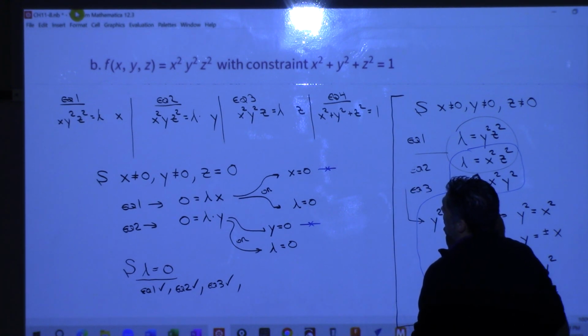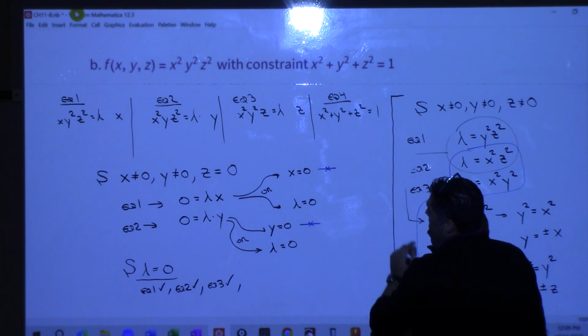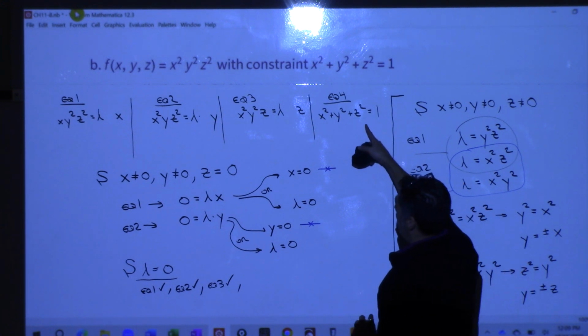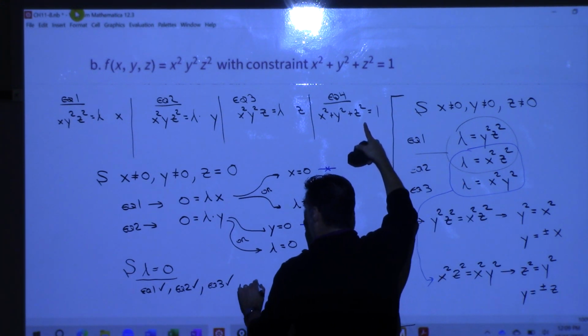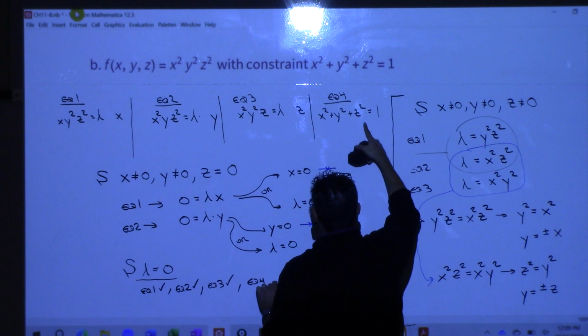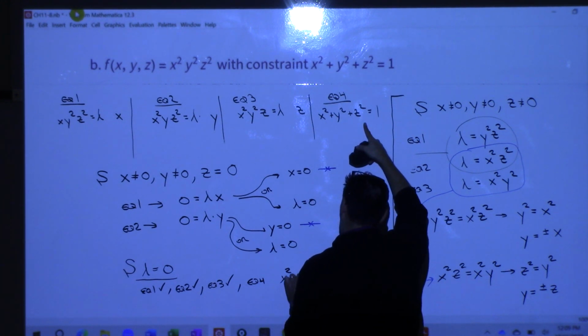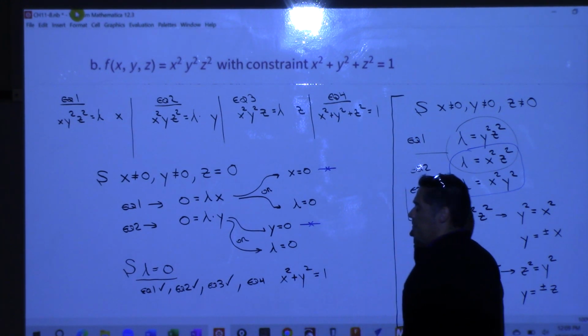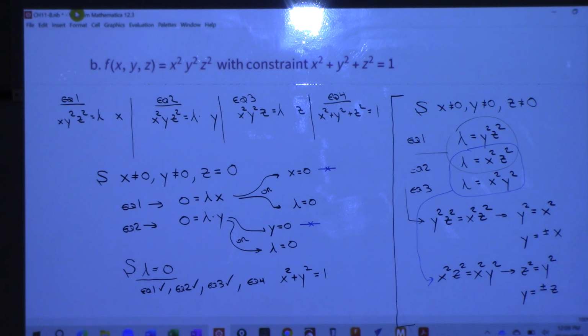What's the last equation? This one right here. Z is 0 though, so equation 4 tells us x squared plus y squared must equal 1. That's a circle. There's an infinite number of points.